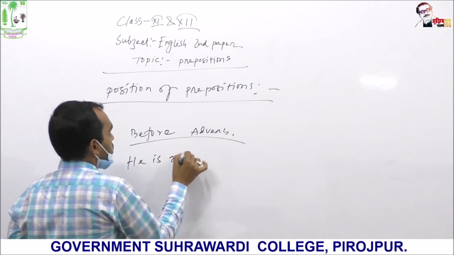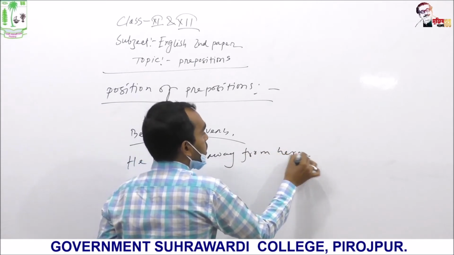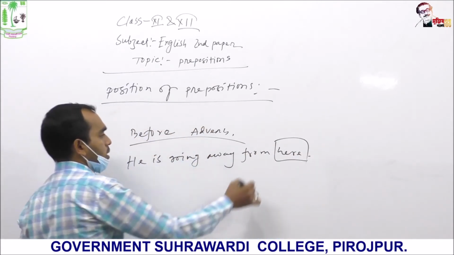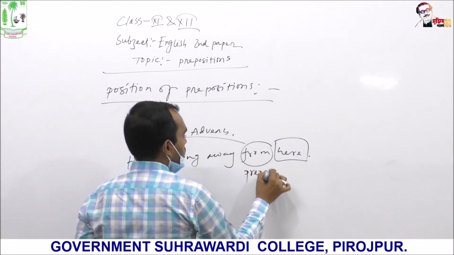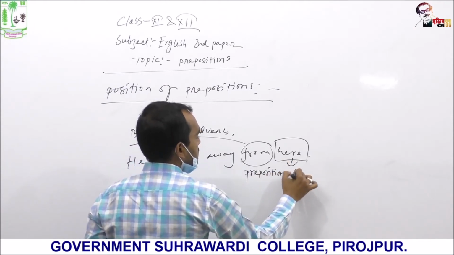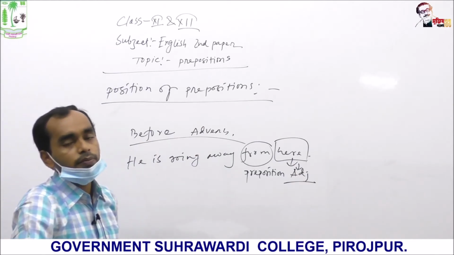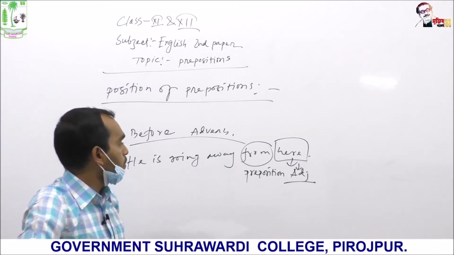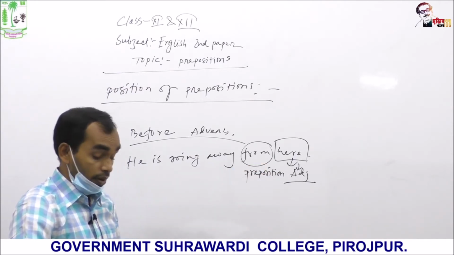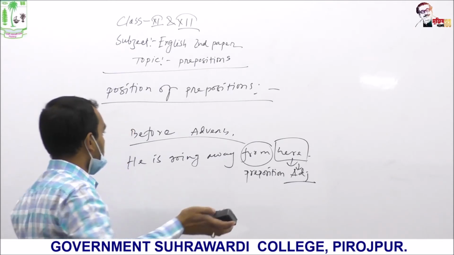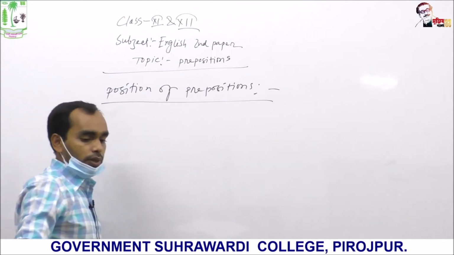He is going away from here. In this sentence, from is a preposition and here is an adverb of place. So, preposition can be used before an adverb, and preposition is used before an infinitive. Before infinitive.